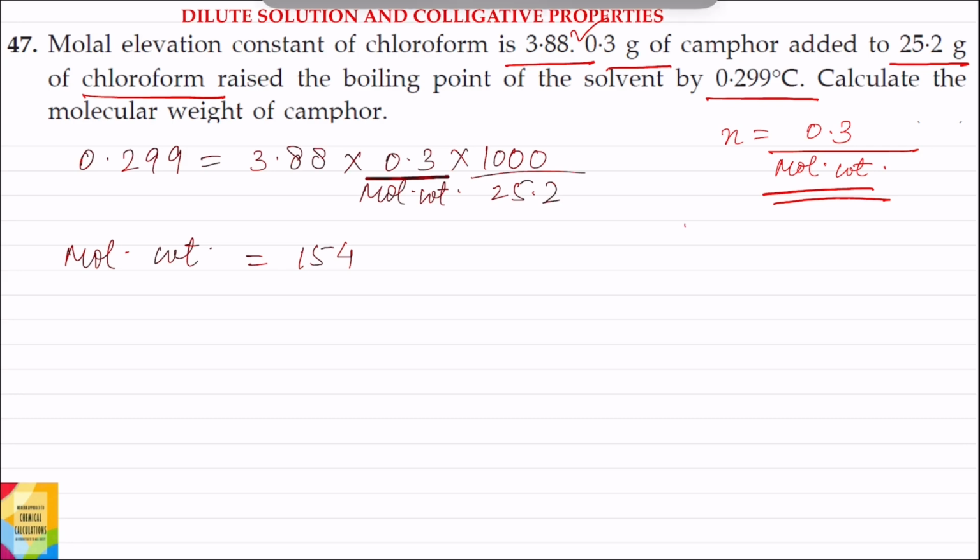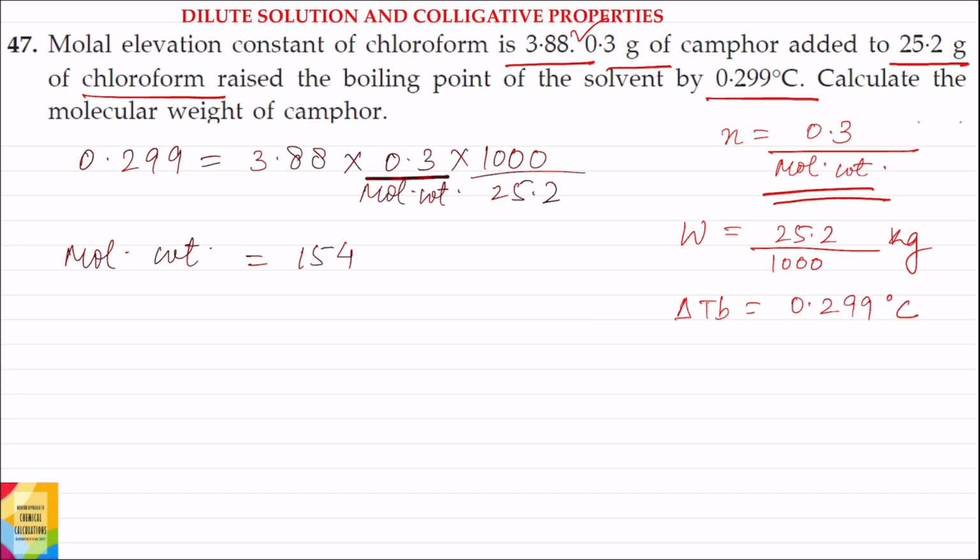Weight of solvent in kgs is 25.2 divided by 1000 kg, and the value of delta Tb is given as 0.299 degree centigrade and the value of Kb is given as 3.88.